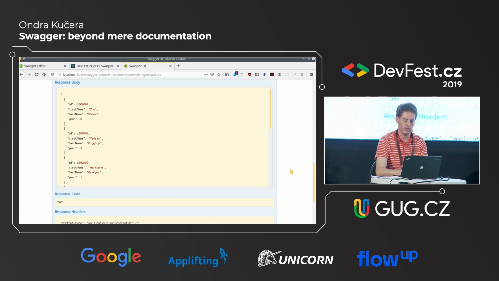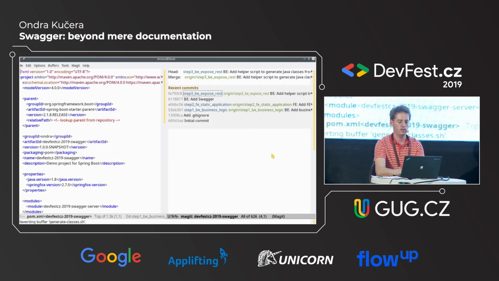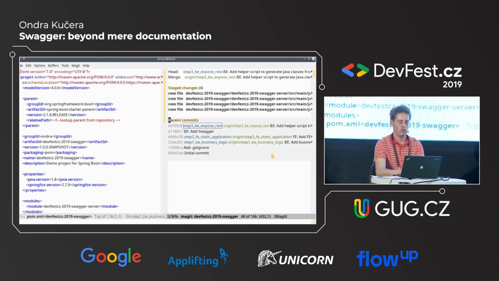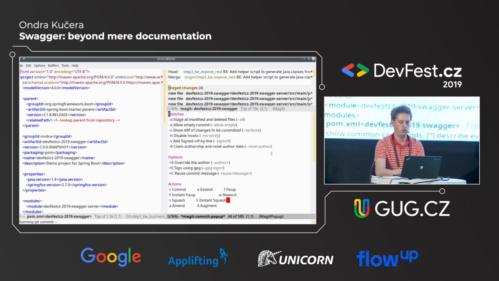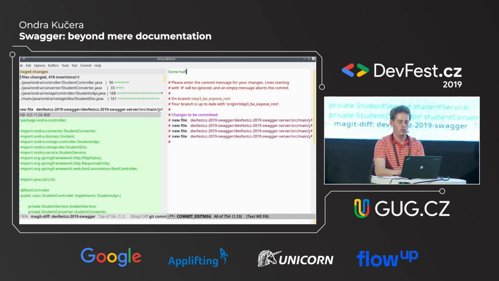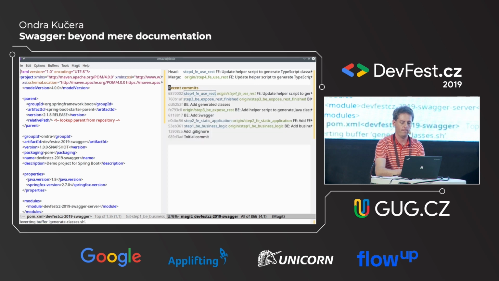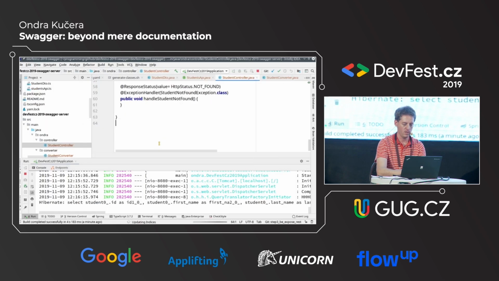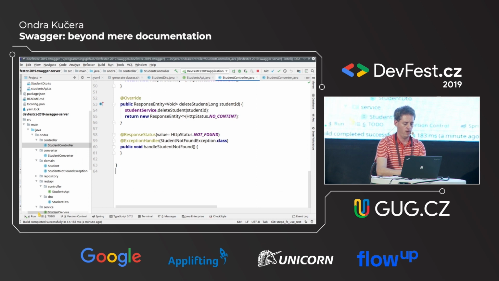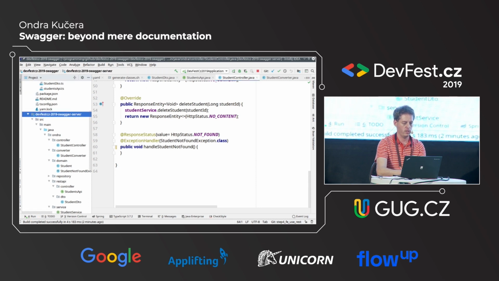And so let me show you what Swagger CodeGen can do for you on the client side. So let me just quickly commit whatever it is. And switch to step 4. I can actually let the application run. And I will switch to the client side.